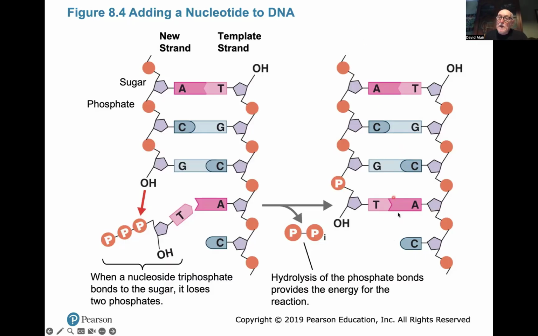Now, although they're very weak, DNA is a very stable molecule, first of all, because of its strong backbones, but second of all, because there are just thousands upon thousands upon hundreds of thousands of these weak hydrogen bonds, which together confer great stability to the molecule.